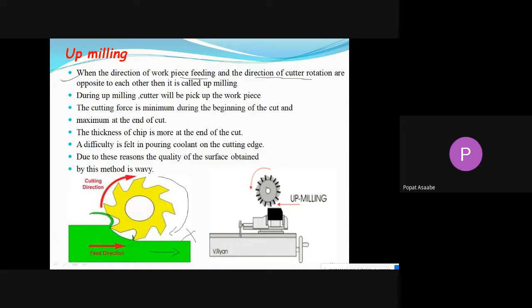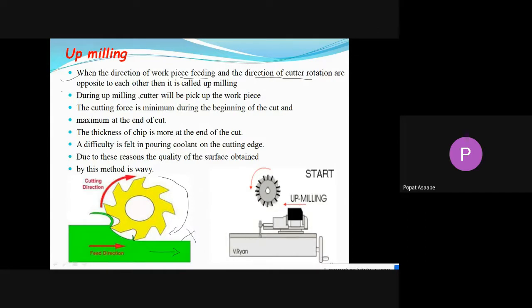The rotary direction and the feeding direction are opposite to each other. That time it is called up milling. During up milling, this cutter will pick up the workpiece in the upward direction. There may be chances of picking the workpiece upward.